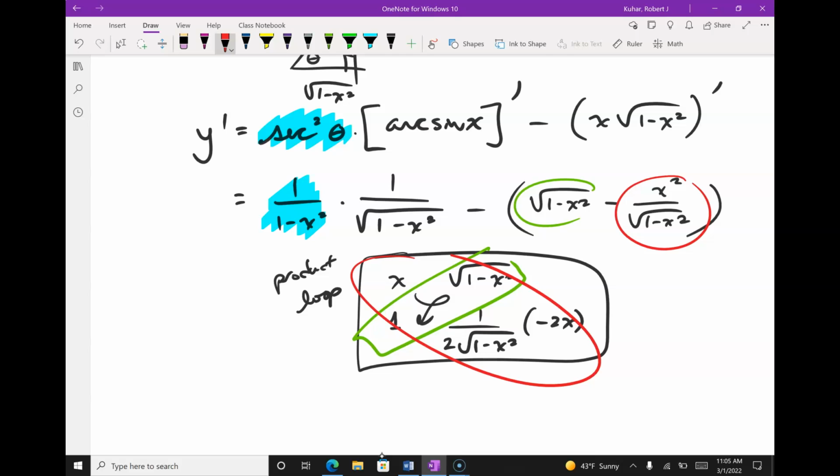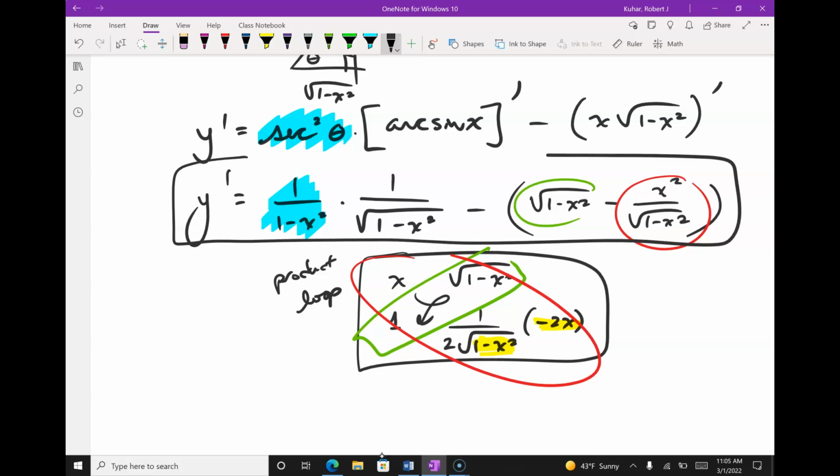The derivative of the inside. Derivative of the inside. So this is what I'm working on, right?